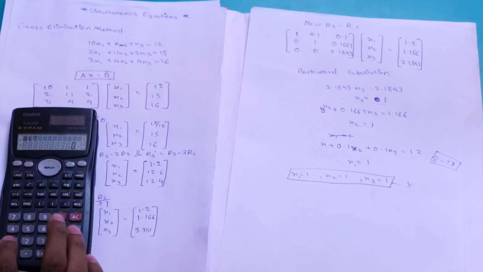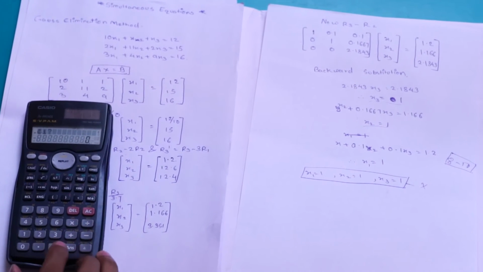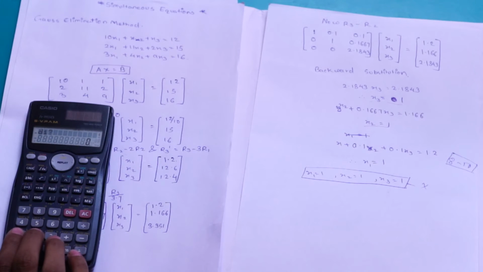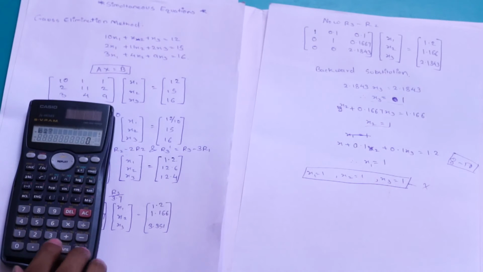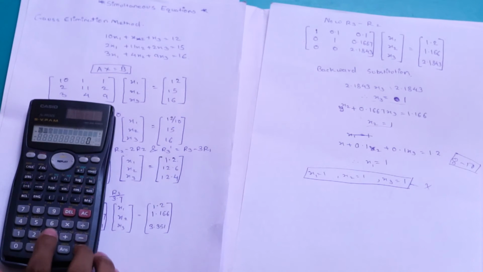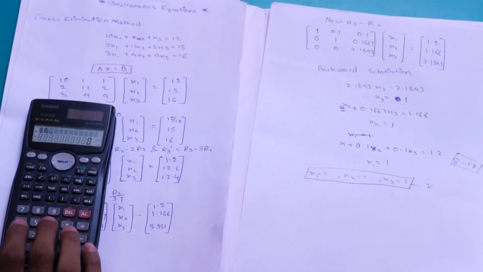First a1 is equal to 10, b1 is equal to 1, c1 is equal to 1, d1 is 12, then a2 is 2, b2 is 11, c2 is 2, d2 is 15, then 3, 4, 9 and 16.